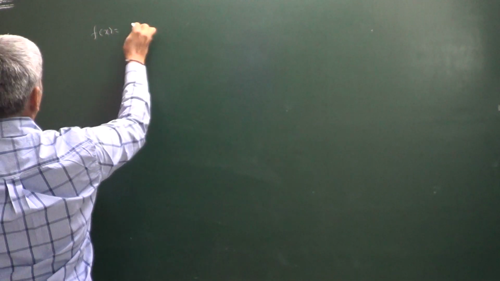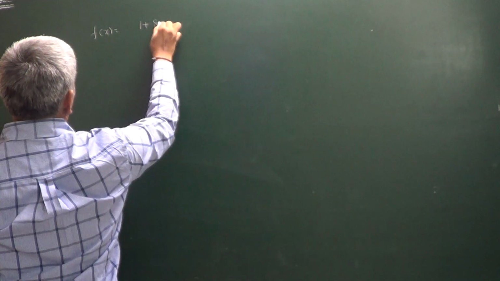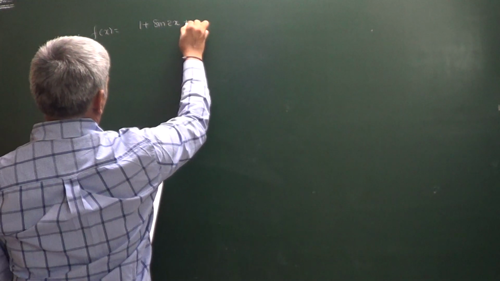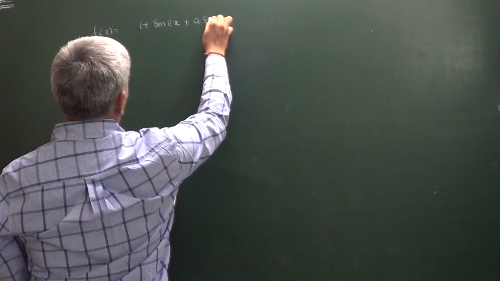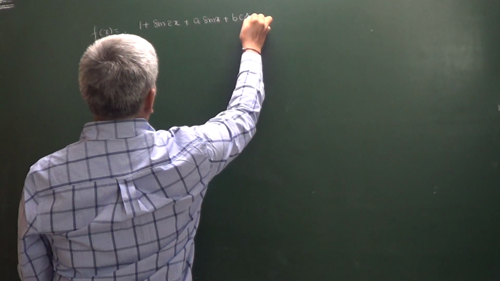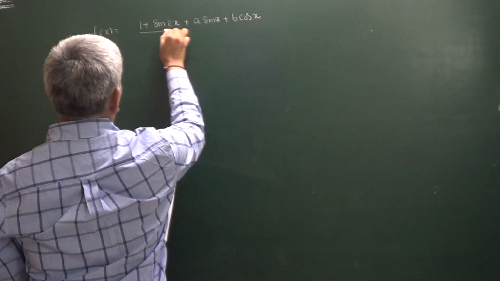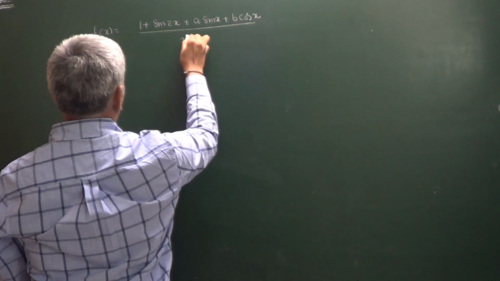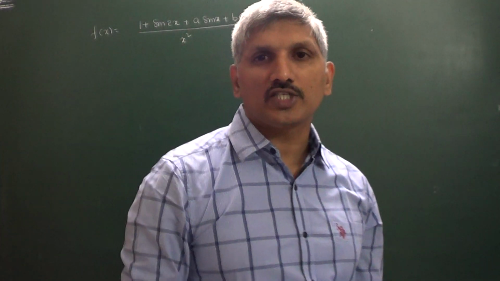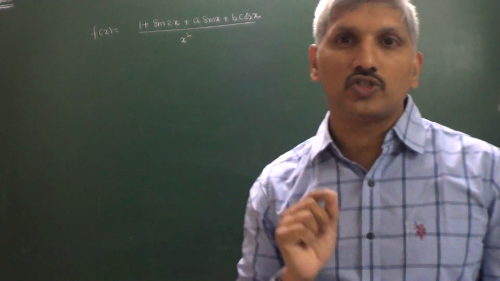So now this is the question given like this: f of x equals 1 plus sin 2x plus a into sin x plus b cos x divided by x square. The question is saying that the function is continuous at x equals 0.